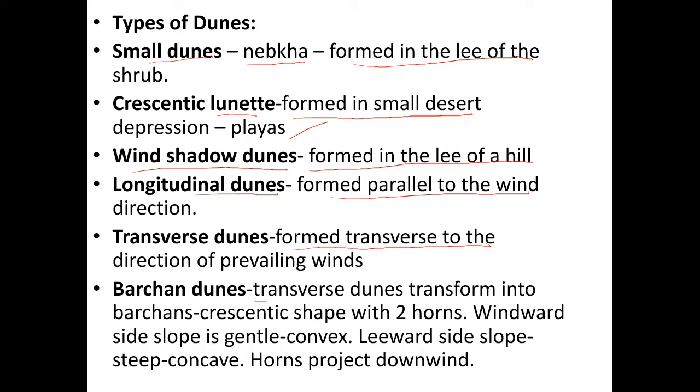Barchan dunes are transverse dunes transformed into barchans. Barchan dunes are crescent-shaped with two horns; the windward side slope is gentle and convex, the leeward side slope is steep and concave, and the horns project downward. Depending upon the shape, we can classify dunes into many types.